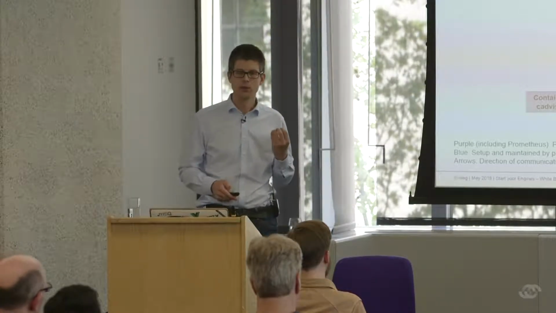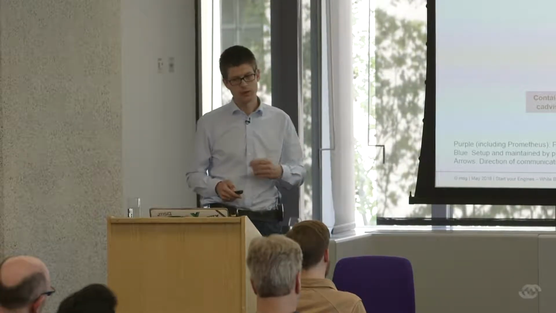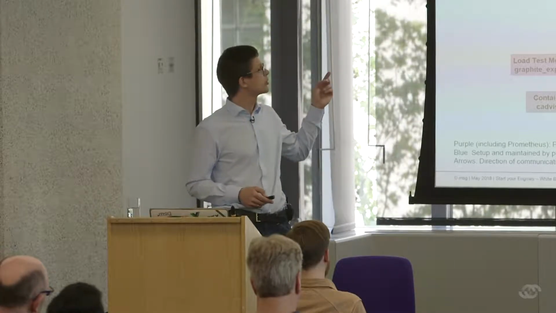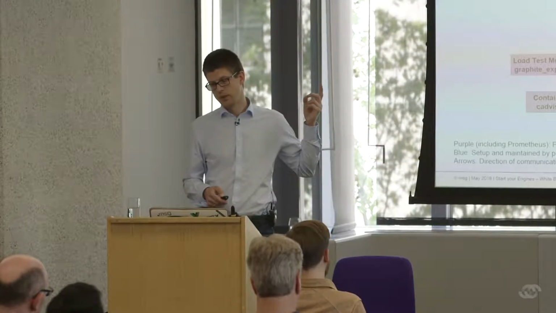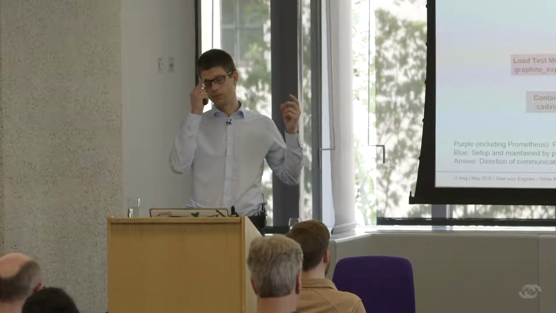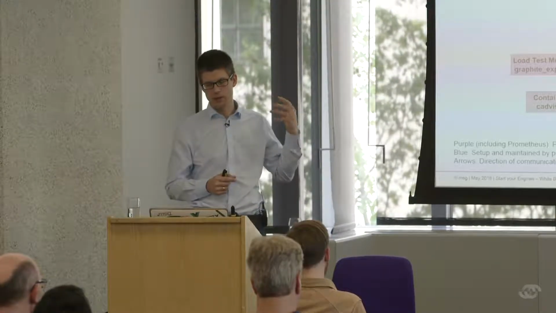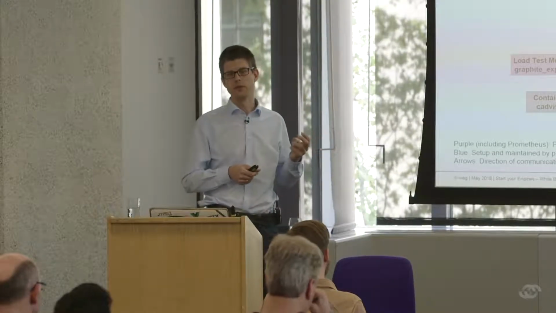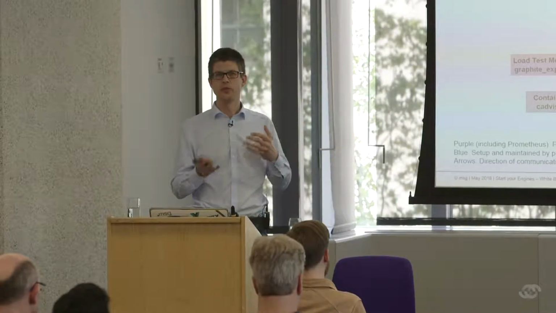But then we want to go one step further, at least two steps further. We want to have our load metrics. So the load driver also generates information: how many users are currently active as simulated by the load driver. We also have the response times observed by the load driver.